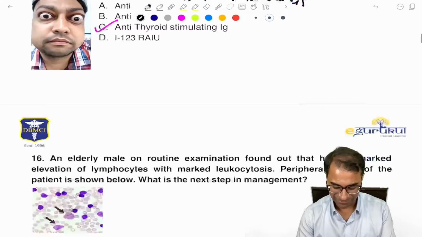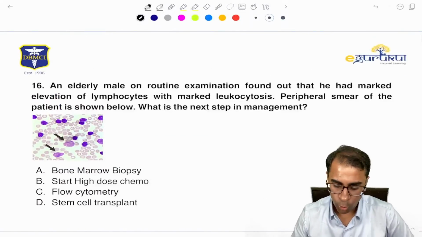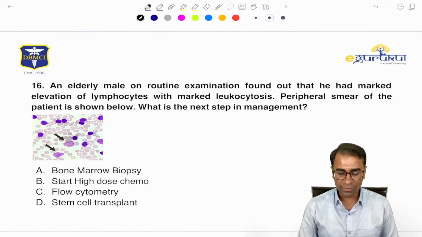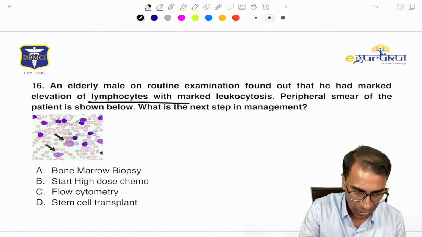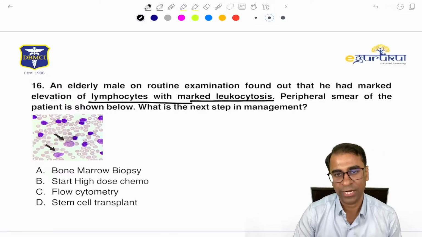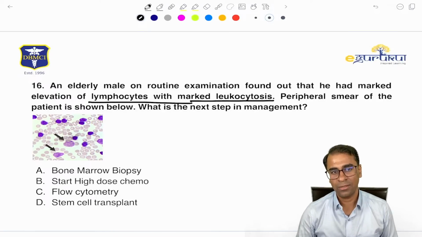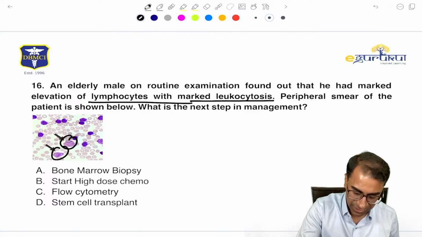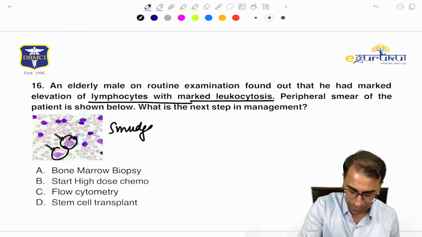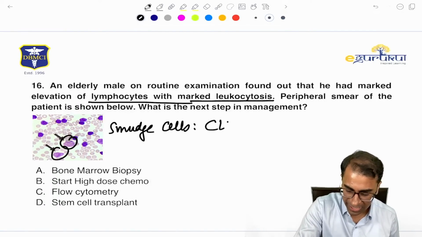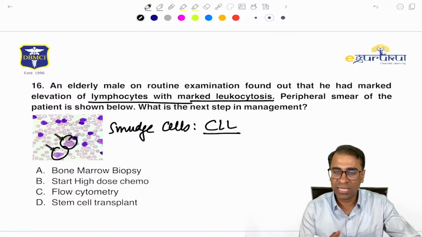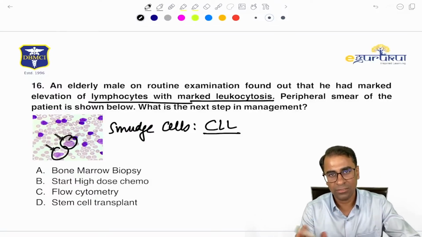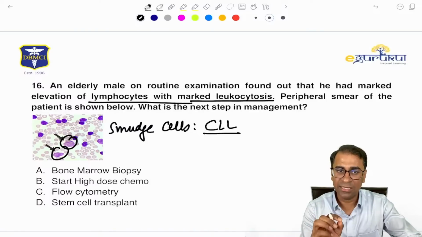Okay? Chalo. An elderly male on routine examination was found to have a marked elevation of lymphocytes with marked leukocytosis. Peripheral smear is shown below. What is this? It is showing you smudge cells, right? And hence it is CLL. Because the tumor cells are already in the blood. Understand this. Tumor cells in the blood.